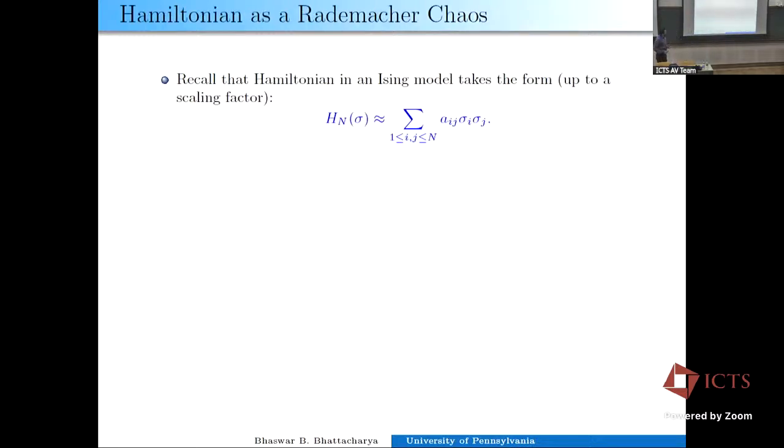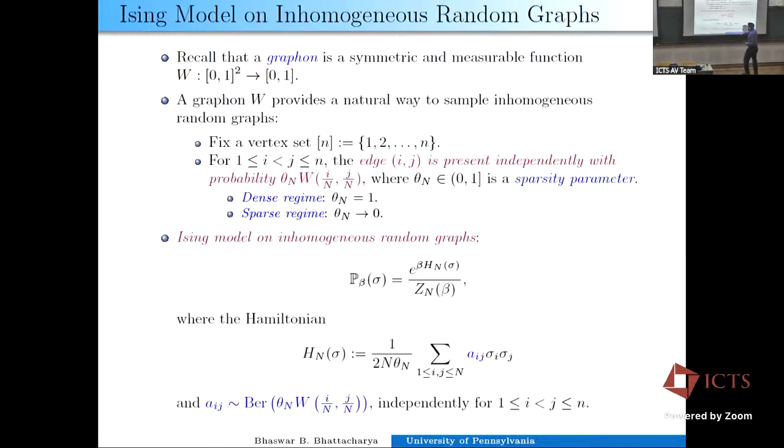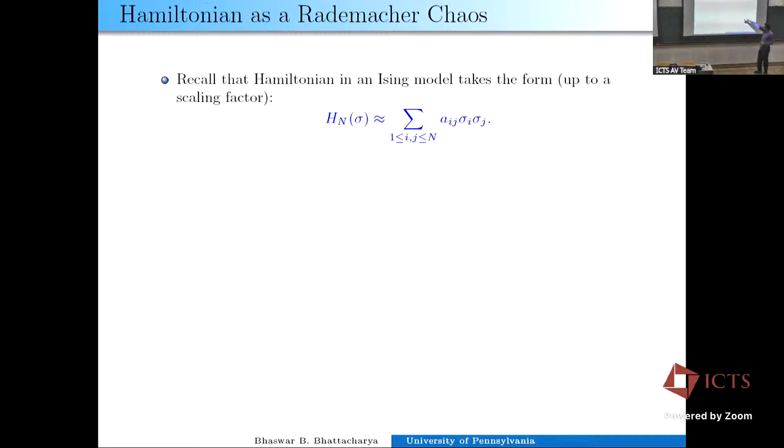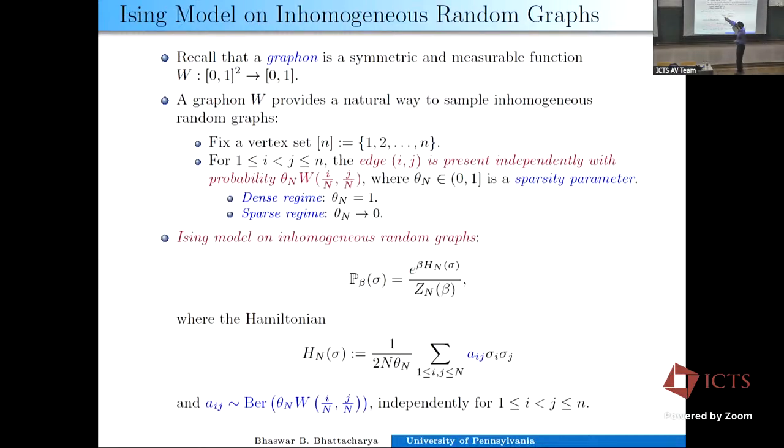So first of all, let me try to connect and see what this has to do with the study of chaoses, and in particular the Rademacher chaos. This is an easy observation: if you look at the Hamiltonian, you forget this term, this is a quadratic form, sigma transpose A sigma. Now, if you look at the parameter beta, and you set it equal to 0, that means every spin configuration is equally likely.